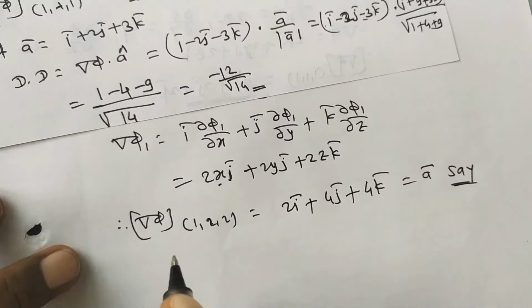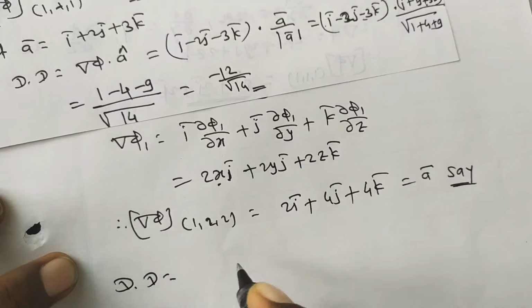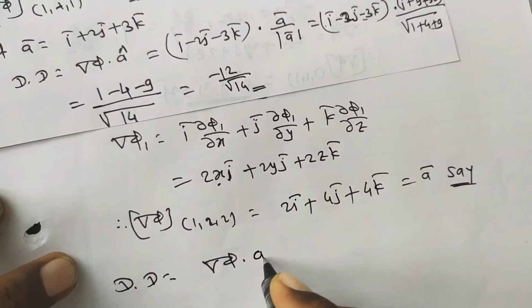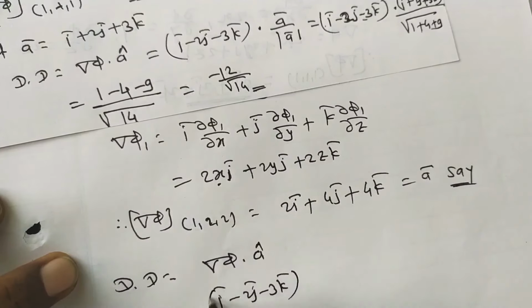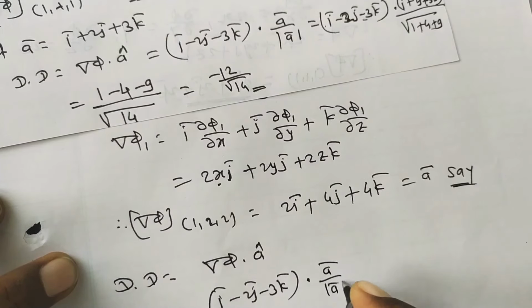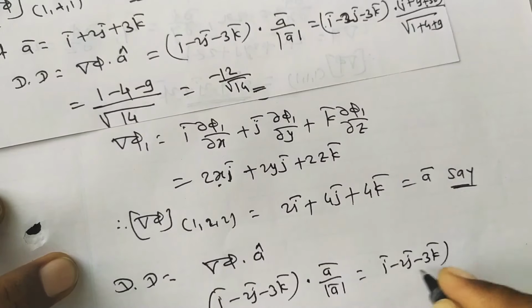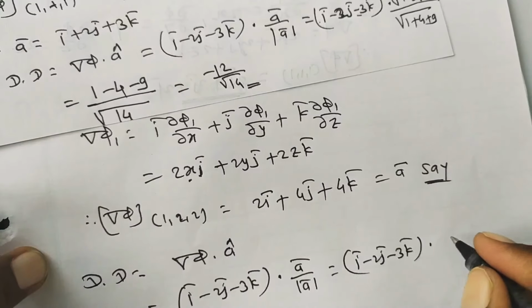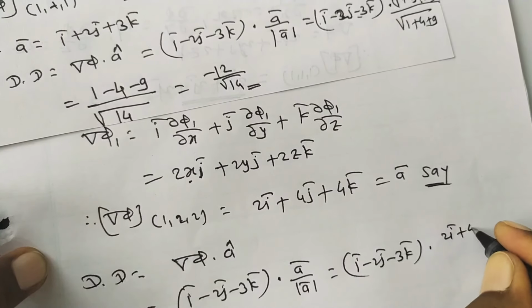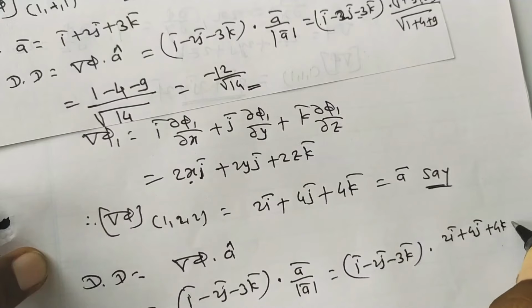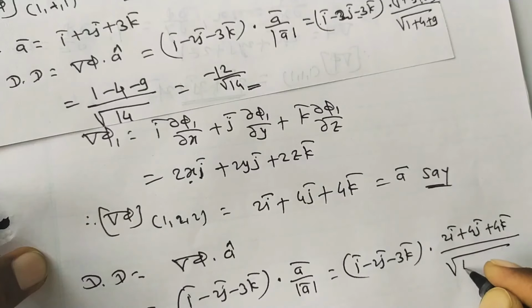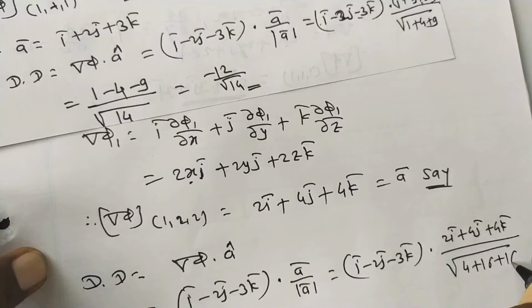Now how do we write the directional derivative? The formula is directional derivative equal to del phi dot a cap, and again del phi is the same, that is i bar minus 2j bar minus 3k bar, dot a cap, which is A bar upon magnitude of A bar, equal to i bar minus 2j bar minus 3k bar dot 2i bar plus 4j bar plus 4k bar upon under root of 4 plus 16 plus 16.